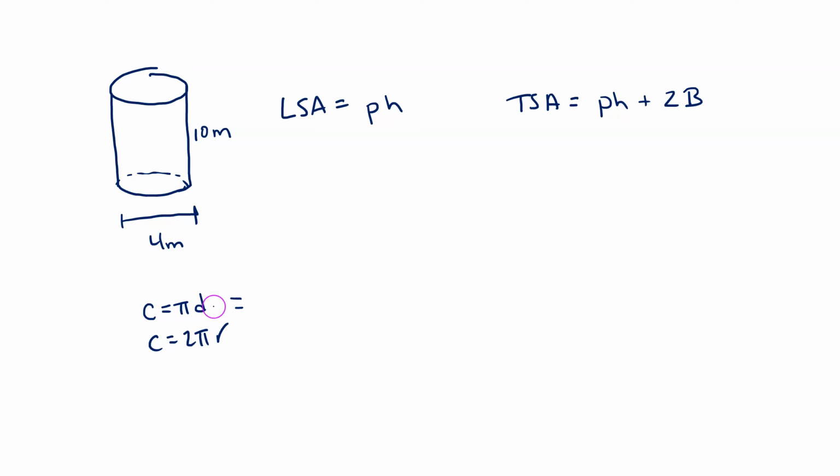We're told our diameter is 4, so we're doing 4 times pi, and I kept 3 decimal places since this isn't my final answer, and I got 12.566 meters squared. So that is the circumference or perimeter of my shape.